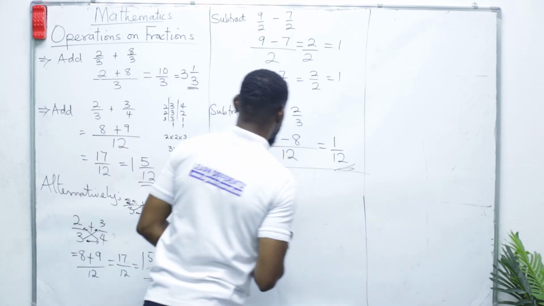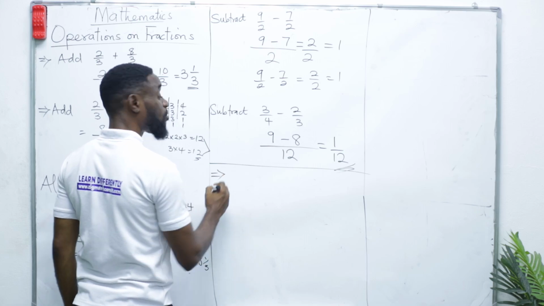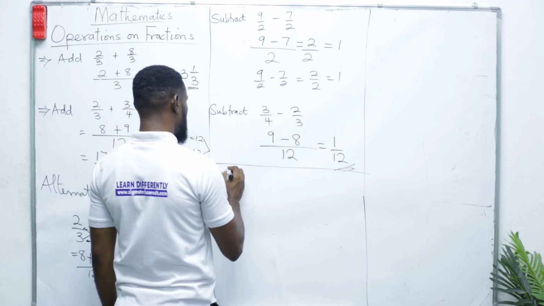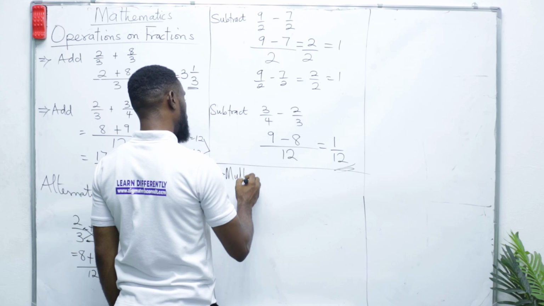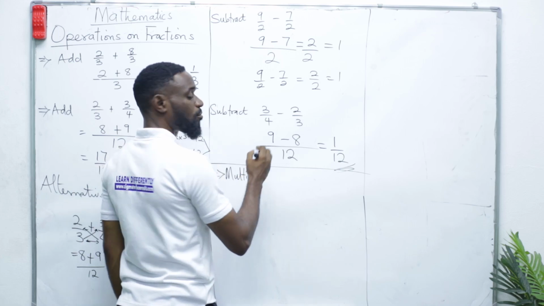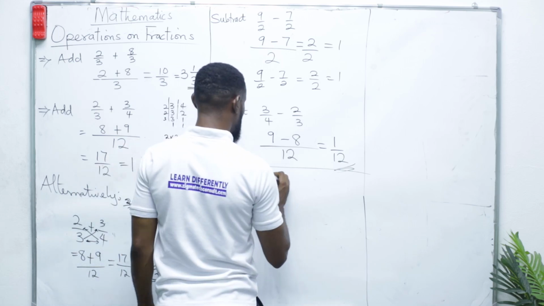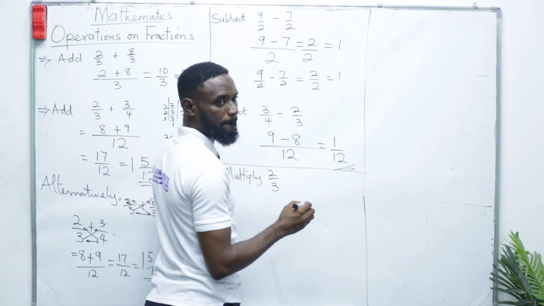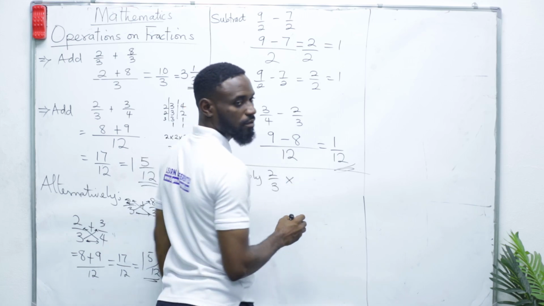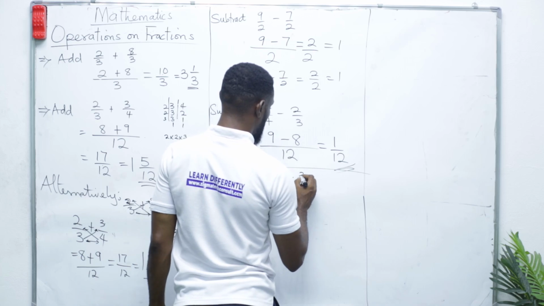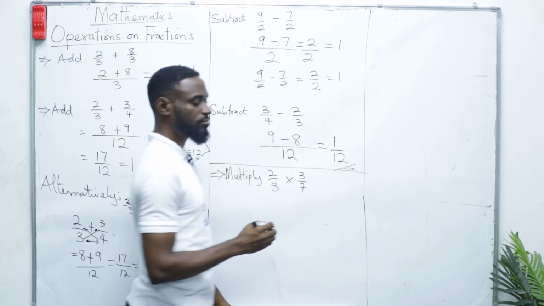All right, so let's look at this. The first thing we have there is multiplication, right? They say we should multiply 2 over 3 times 3 over 7.